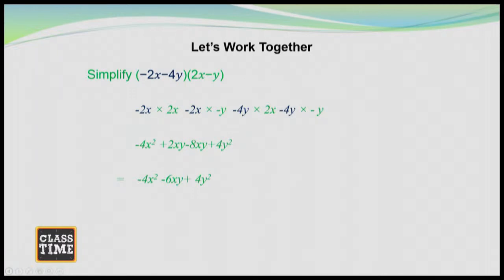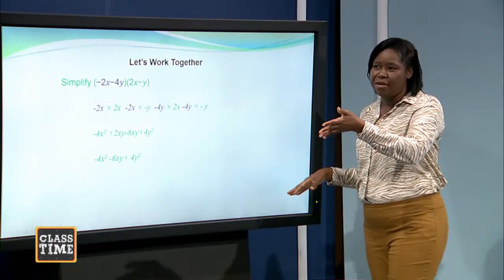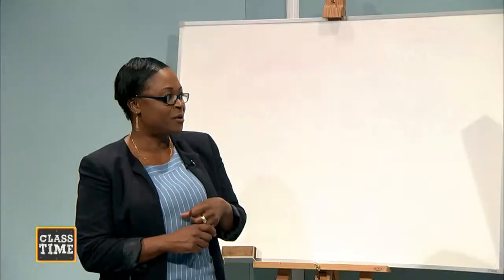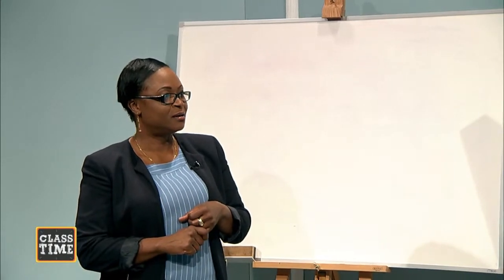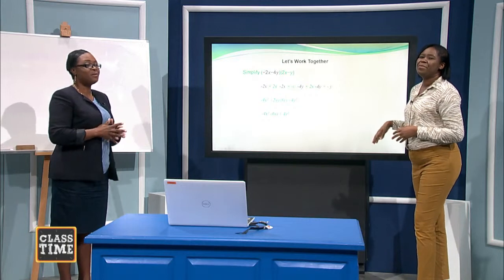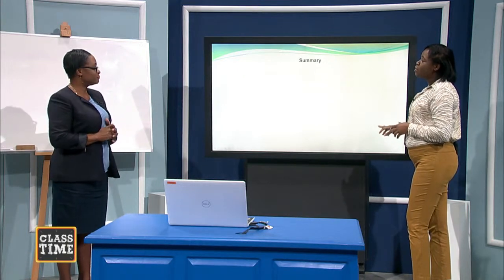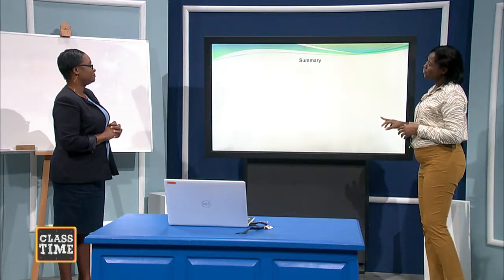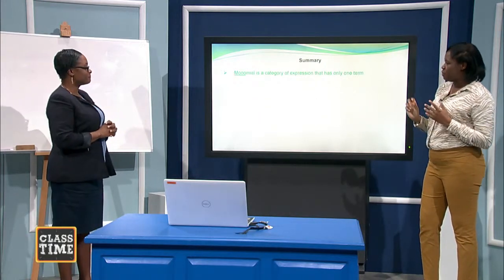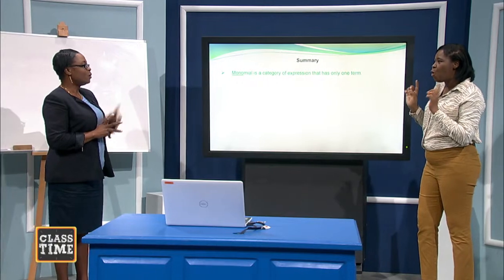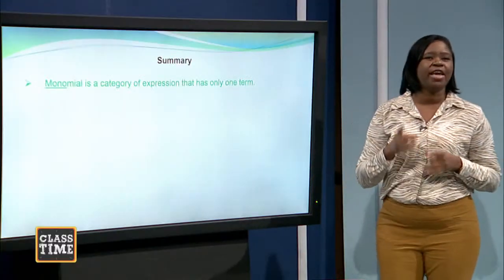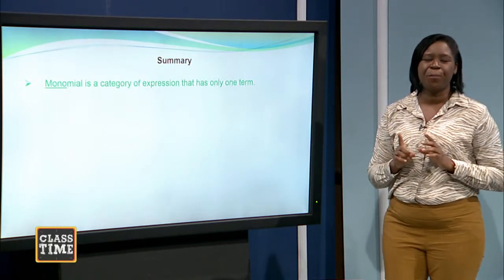So we have looked at the distributive law, using the distributive property to help us simplify the binomials, and we have also looked at the use of the area model to help us simplify binomials. So, we can summarize. A monomial, thinking about the prefix again, mono, one, is a category of expression that has only one term.